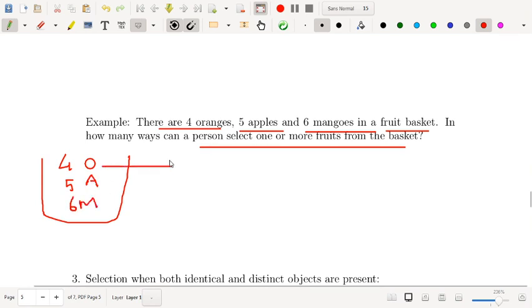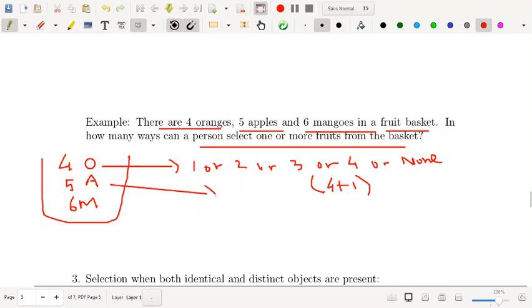Out of 4 oranges you can select 1 or 2 or 3 or 4 or none. That is 0. So how many ways can you select oranges from 4 oranges? 4 plus 1, 5 ways. How many ways can you select apples from 5 apples? This is also 5 plus 1.